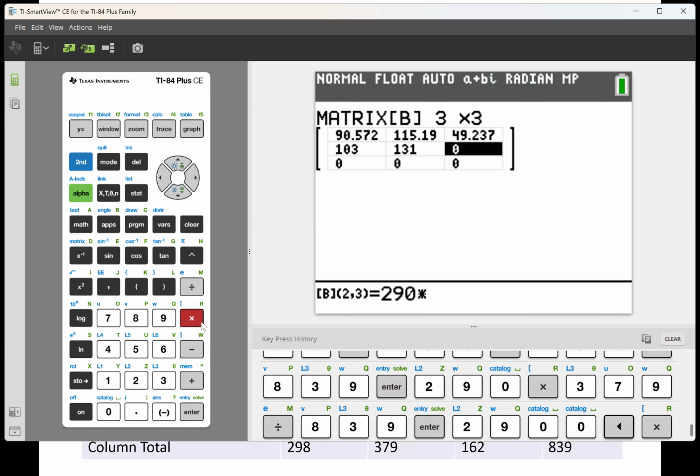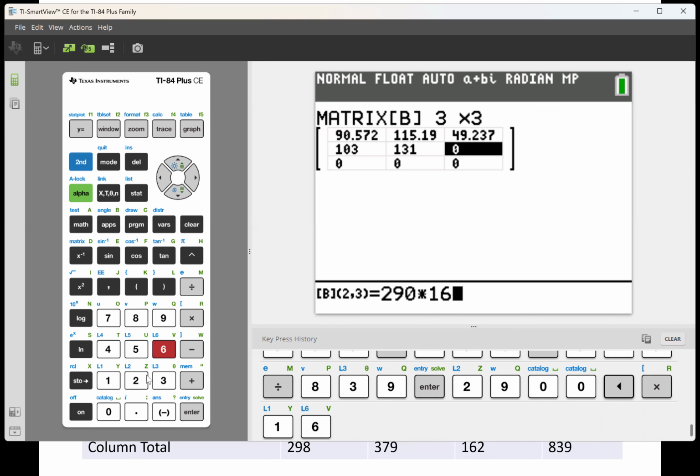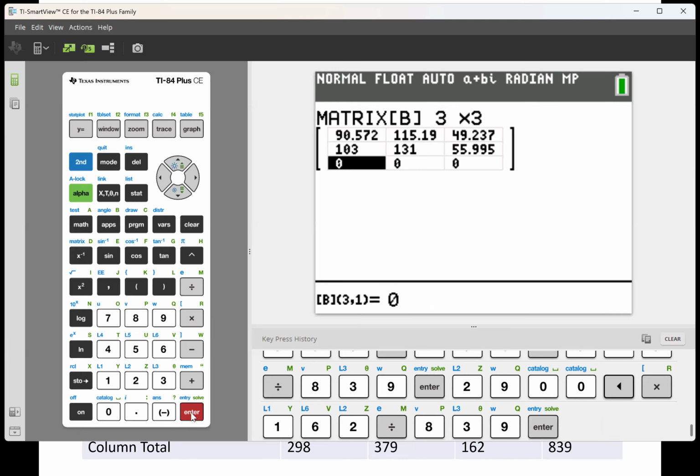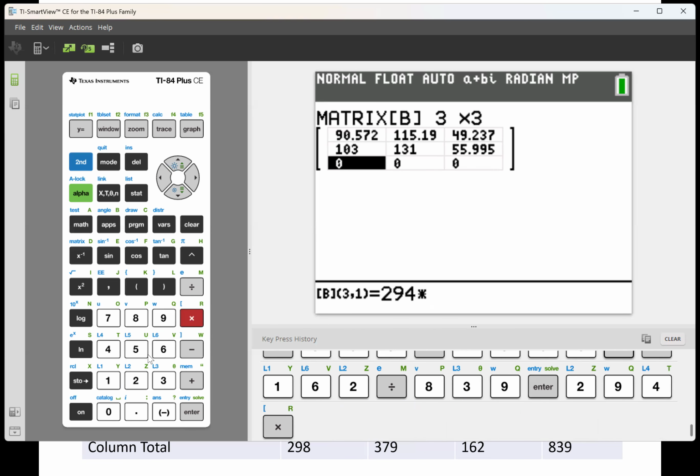The column total was 162, divided by the total, 839. All right, and then the last row, we had row total 294 times the column total of 298, divided by 839.